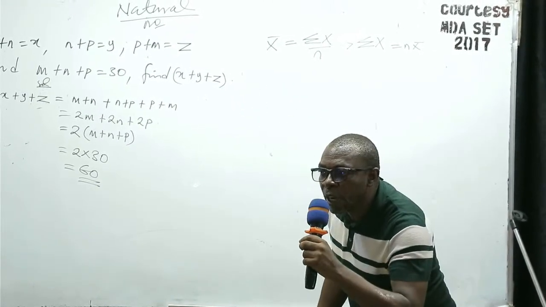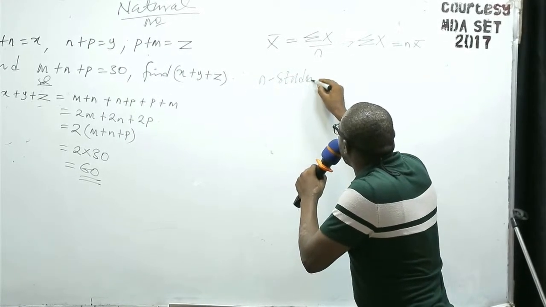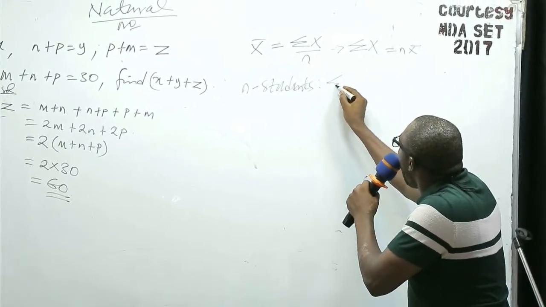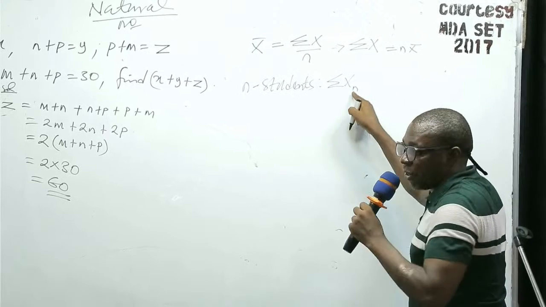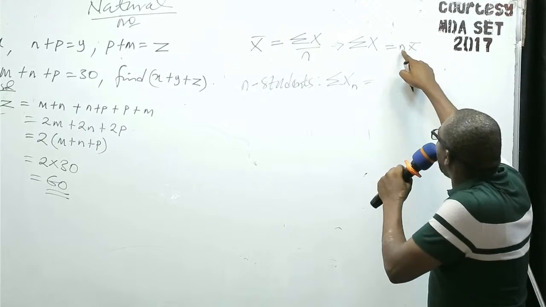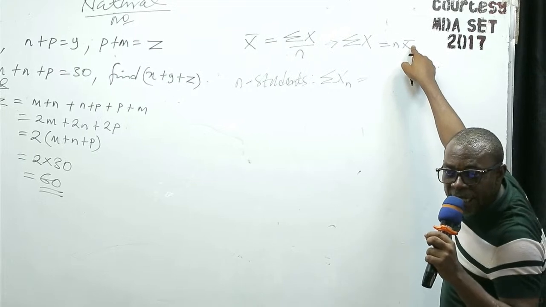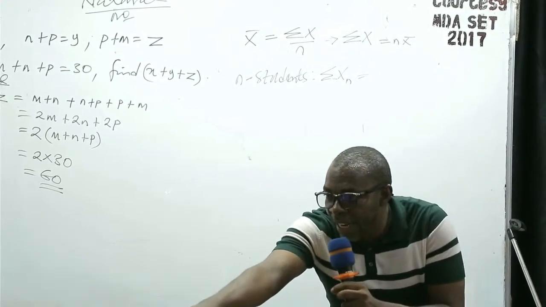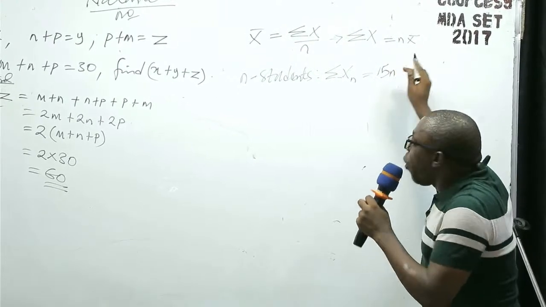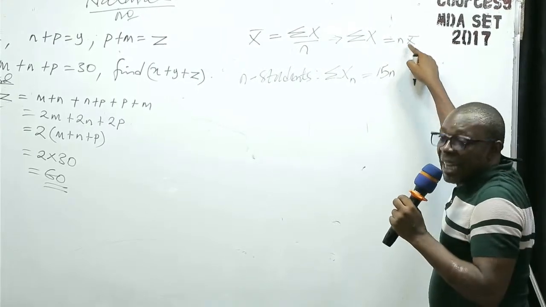If we have n students, it means that the sum of the ages of the n students is going to be the number of students multiplied by their mean. What was the mean there? So we are going to have 15 times n. Who is the n? The number of students. Who is the 15? Their mean.